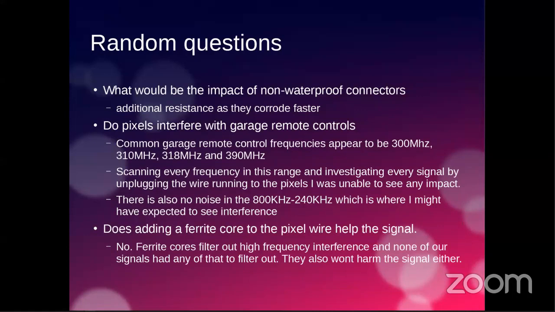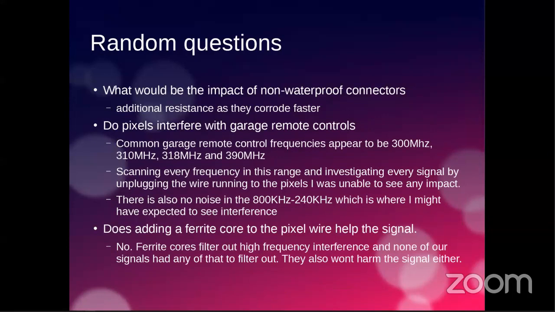Admittedly, I was only running a few pixels, which means I didn't have the whole house covered in pixels. I was not able to see from the test I was doing any significant radio interference. Obviously, that doesn't mean that it doesn't happen. It just means I couldn't see it.